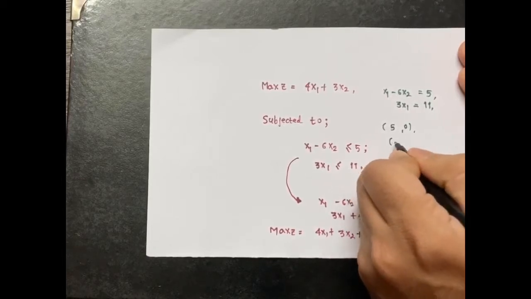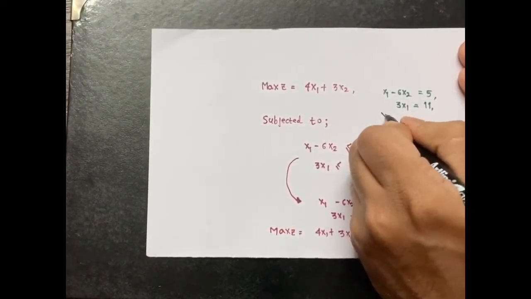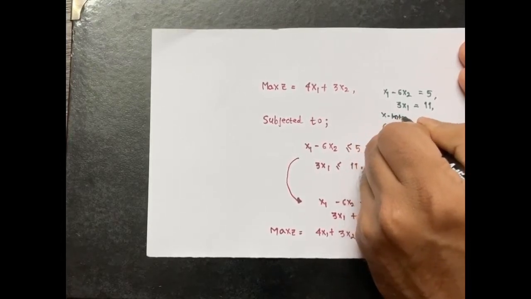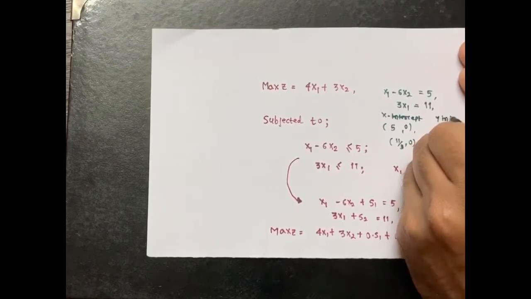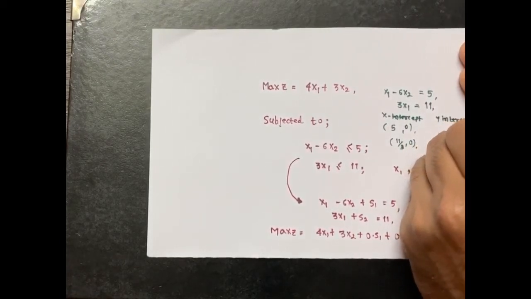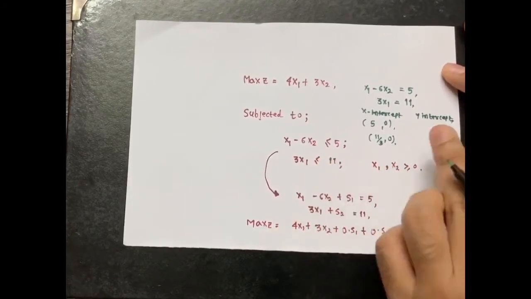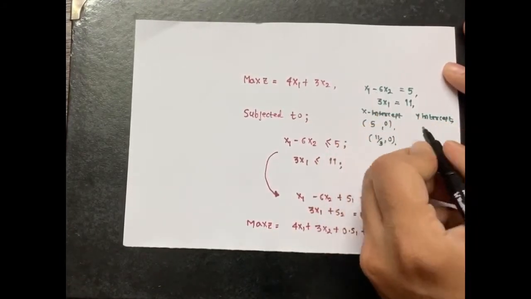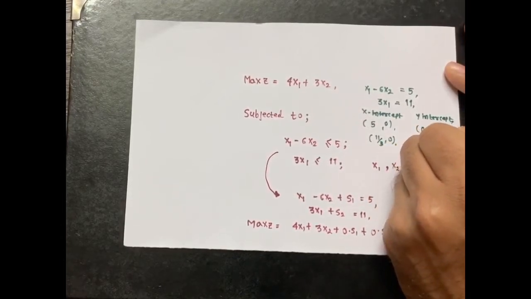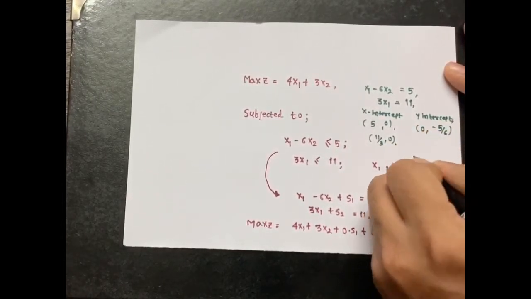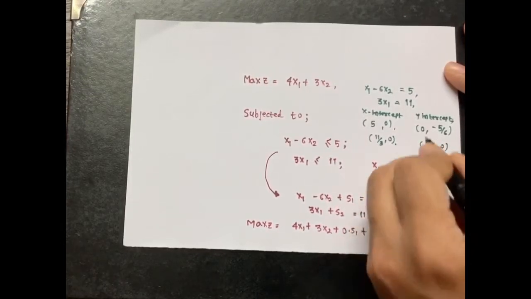Here it will be 11 by 3 and 0. These are my x intercepts. If I compute the y intercept by taking the x variable as 0, it gives me 0 and minus 5 by 6, and this remains the same, 11 by 3, 0.